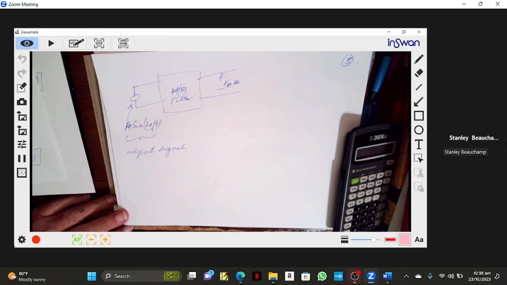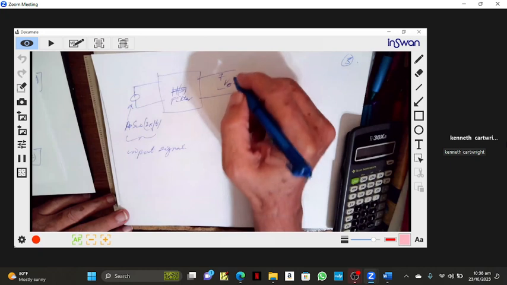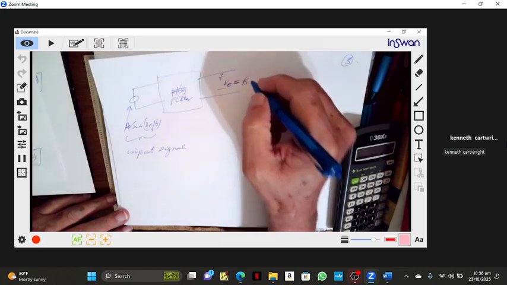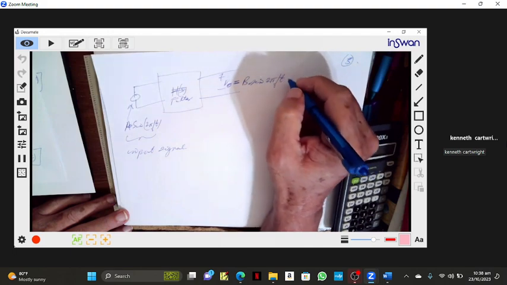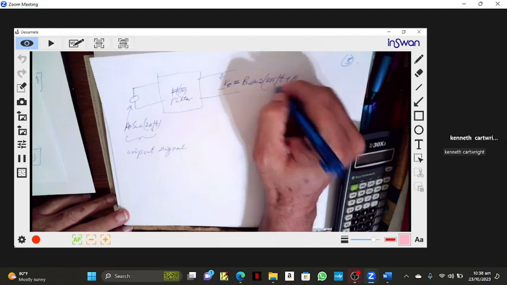On output, you get a sinusoidal response. So you get a sine wave also. Its amplitude is going to be B, and it's going to have an angle.